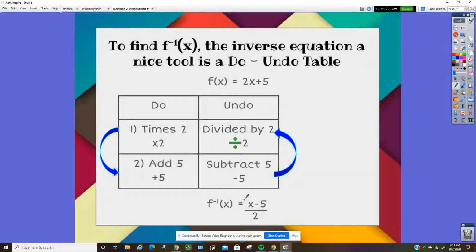F inverse of x would be, you write down the x, and then the first thing you do to x is subtract 5, and the next thing you do is divide by 2. So these two are inverses of each other. Here's the original function, f of x, and then the inverse of f of x, or f inverse of x, you can say it either way.